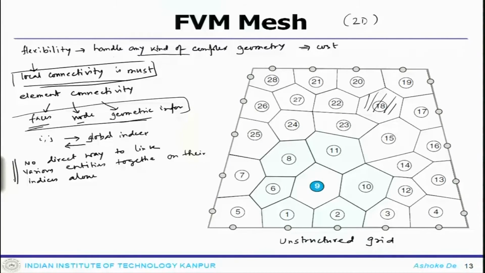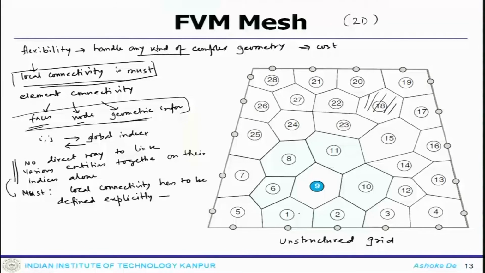That is why in an unstructured system there is no direct way to link that. So, that leads to a must condition, that your local connectivity has to be defined explicitly along with this other information like faces, node, etc.